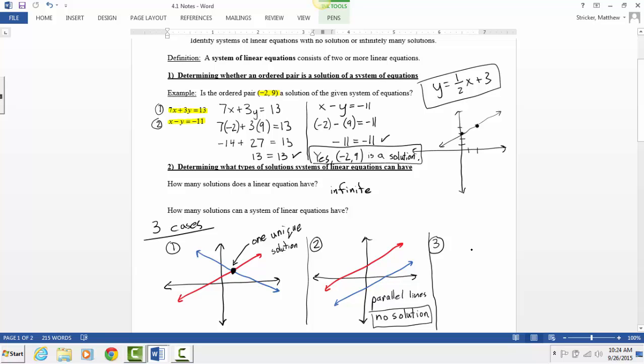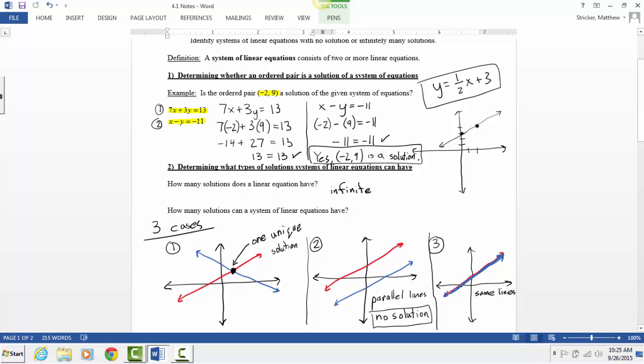There's a third case. This is our last one. And again, we have two lines. We have a red line. And then we have a blue line, which happens to be the same exact line. And in this case, when both lines are the same line, how many places do those lines intersect?